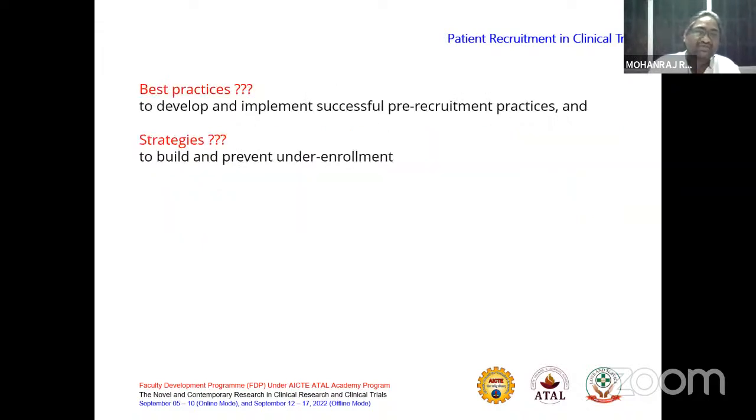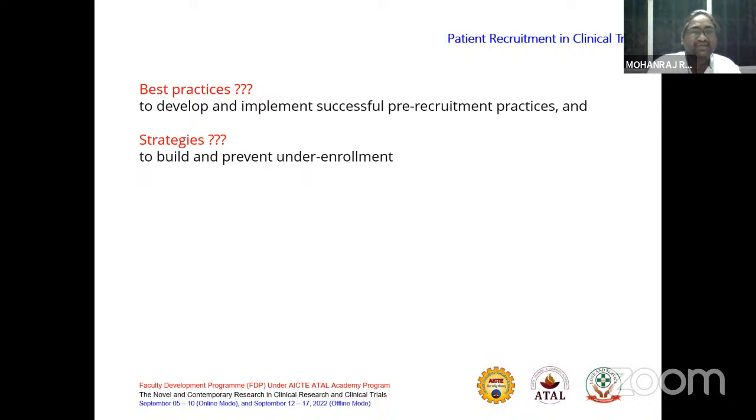To answer this, we have to explore the best practices to develop and implement successful recruitment practices, and the beneficial strategies which enhance enrollment and prevent under-enrollment in clinical research or trials.